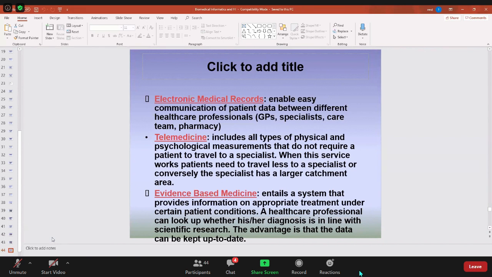Apart from that, there's also evidence-based medicine. This component entails a system that provides information on appropriate treatment under certain patient conditions. So a healthcare professional can look up whether this patient's diagnosis is in line with scientific research. That's why when you look at all these doctors, the clinicians, nowadays, they're always busy with their tablets.